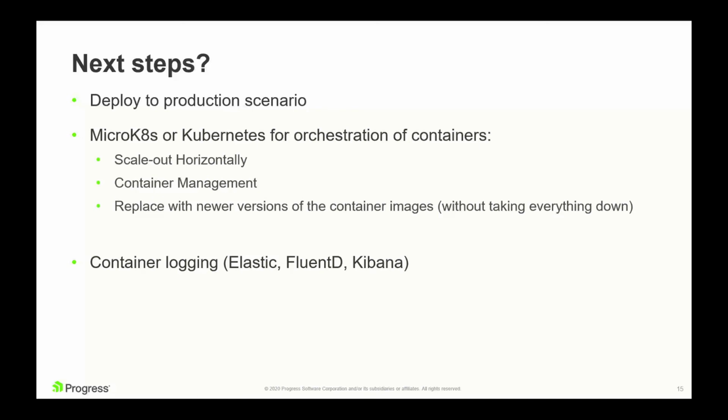But it also offers container management or replace features that help you very easily deploy newer versions of your container images without taking everything down, basically just replacing them one at a time, so that you achieve a highly available scenario. And then again, also combining it with stuff we did earlier with the container logging, using the EFK stack.